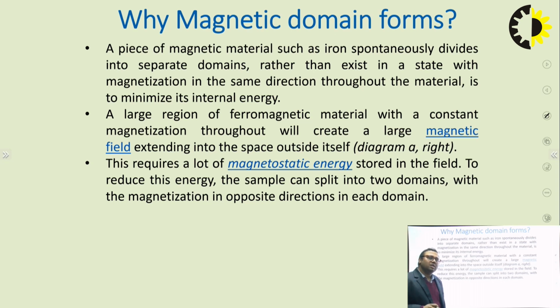A large region of ferromagnetic material with constant magnetization throughout will create a large magnetic field extending into the space outside itself. This requires a lot of magnetostatic energy stored in the field. To reduce this energy, the sample can split into domains with the magnetization in opposite directions in each domain.